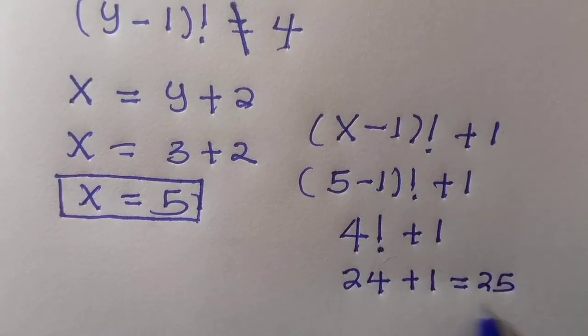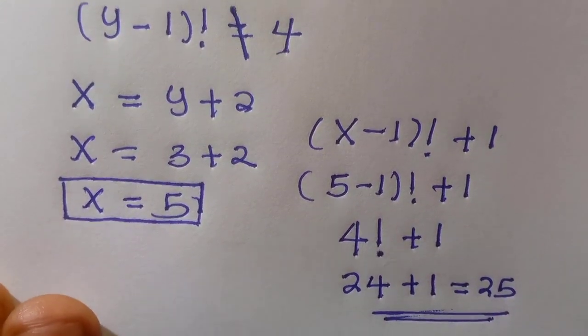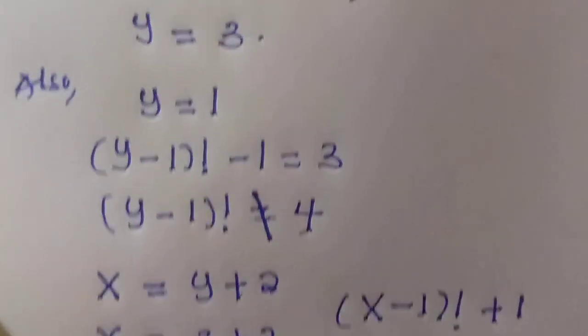The right hand side is x squared, and 5 squared is 25, which means the two sides are equal. And here is how to solve this problem.